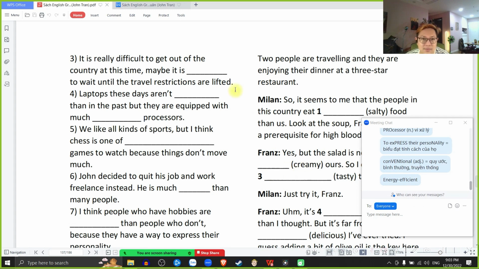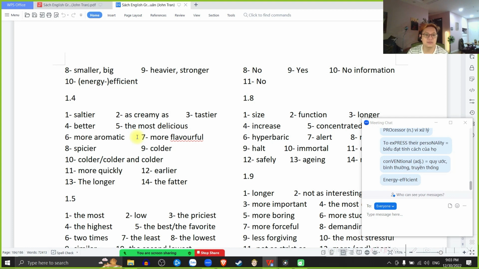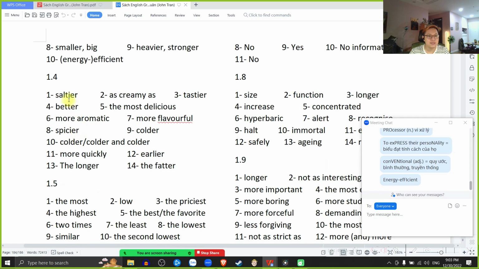Okay, so number one is saltier. Number 2 is as creamy as. Number 3 is tastier. Number 4 is better. Number 5, the most delicious.